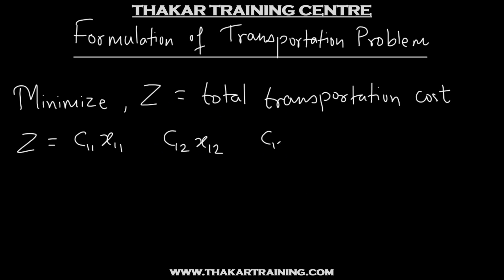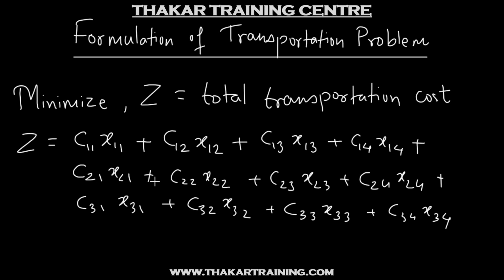And then we'll have C13 x13. And all of these will be added to find out the total transportation cost. And so this will be C14 x14 plus C21 x21. So this is the objective function, minimize the total transportation cost, which will be given by this.